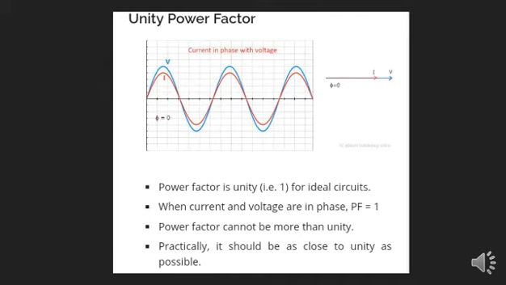Somewhat like the voltage and the current will not touch each other, as you can see in this graph. They are in phase but they are not perfectly in sync. So that's all for the power factor introduction.